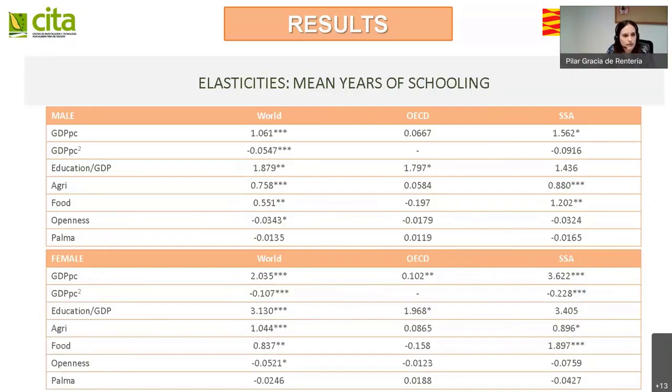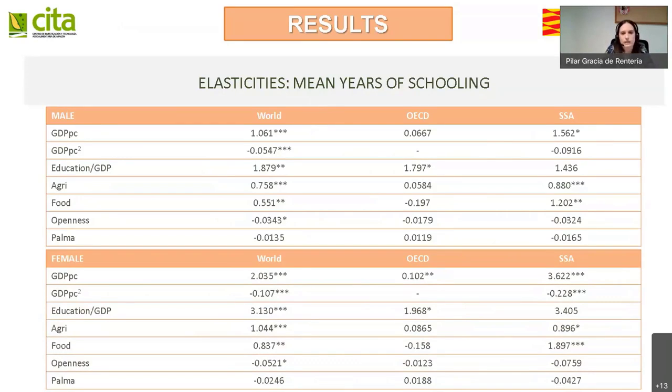And the last indicator for the education SDG is presented in this table, both for female and male population. So a first comparison of the results shows that the elasticities obtained for the female population are higher and more significant than for males.